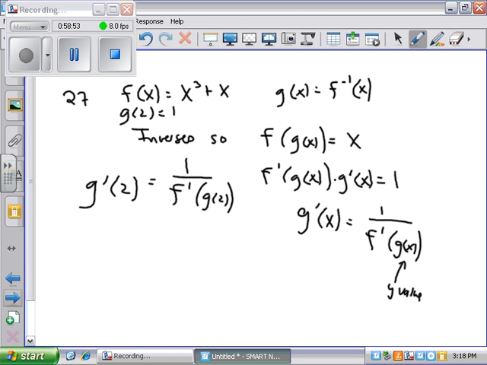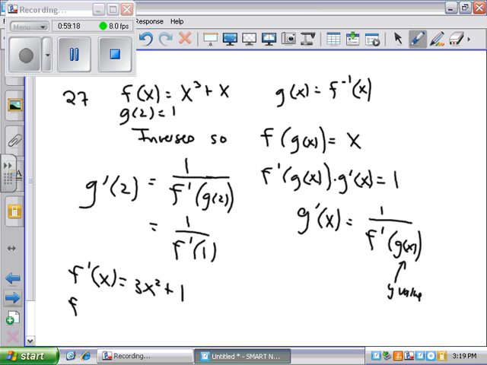Every time they ask you to find the derivative of an inverse, you're going to be doing 1 over the derivative, and they had to tell you what g of 2 was, or you couldn't do this, right? They told you g of 2 was 1. So we got to get the derivative, plug in 1, and then take the reciprocal. So f prime of x, 3x squared plus 1.